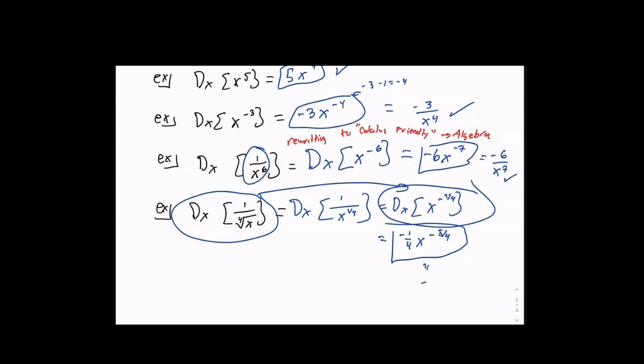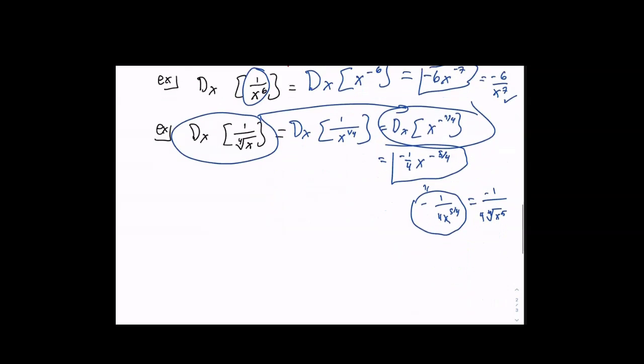You could technically write it with a fourth root of x to the fifth, but it gets ugly. You'll never see a multiple choice answer written like this. You might see it written as negative 1/4 x to the negative 5/4.